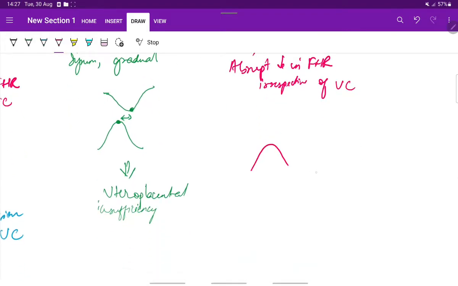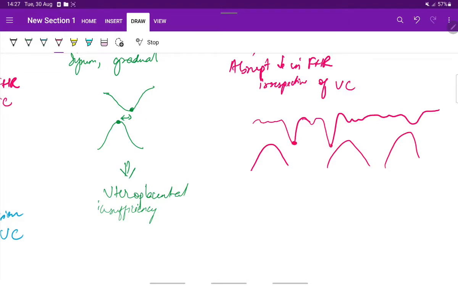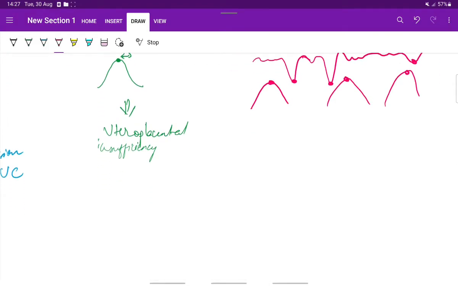So, if the uterine contractions are like this, there will be abrupt decrease of the deceleration seen. So, here is the one nadir, second and third. This is the peak of uterine contraction and these are in no way related. So, these are abrupt and hence these are variable decelerations.